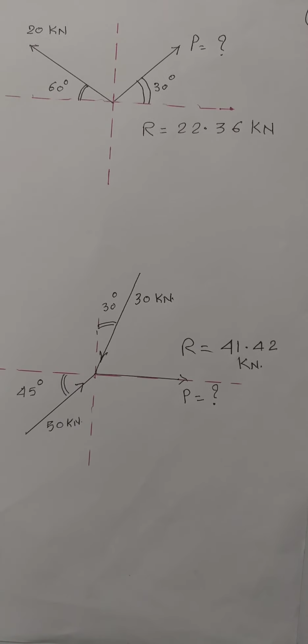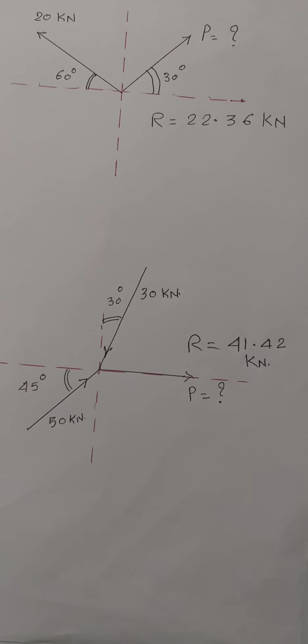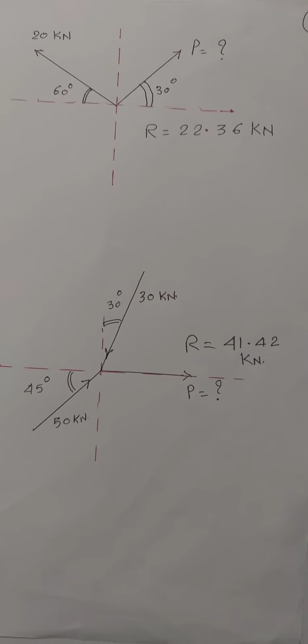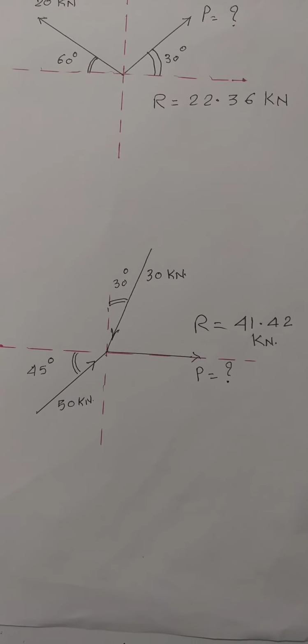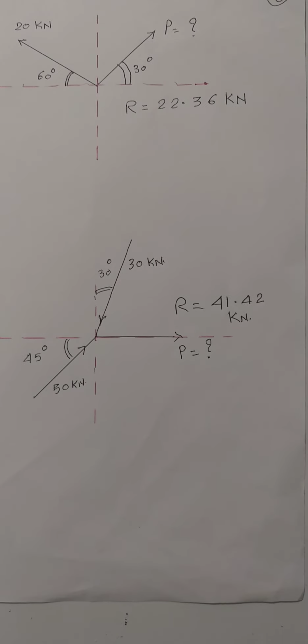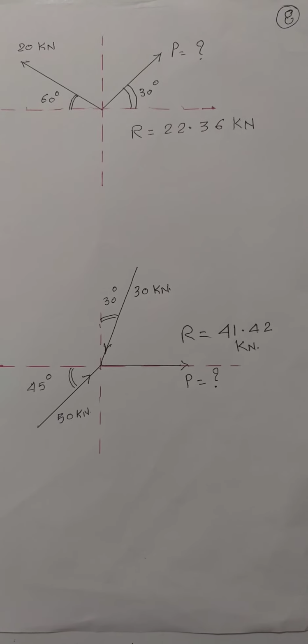which is showing compression, makes an angle of 30 degrees with the vertical line, and the third force, having a magnitude of 50 kilonewton, is making an angle of 45 degrees with the horizontal on the other side.